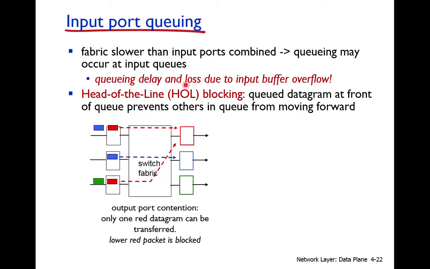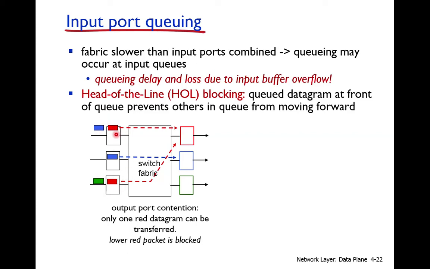But besides these two phenomena, there is another important problem called head of the line blocking. What does it mean? Suppose we have received these five packets.